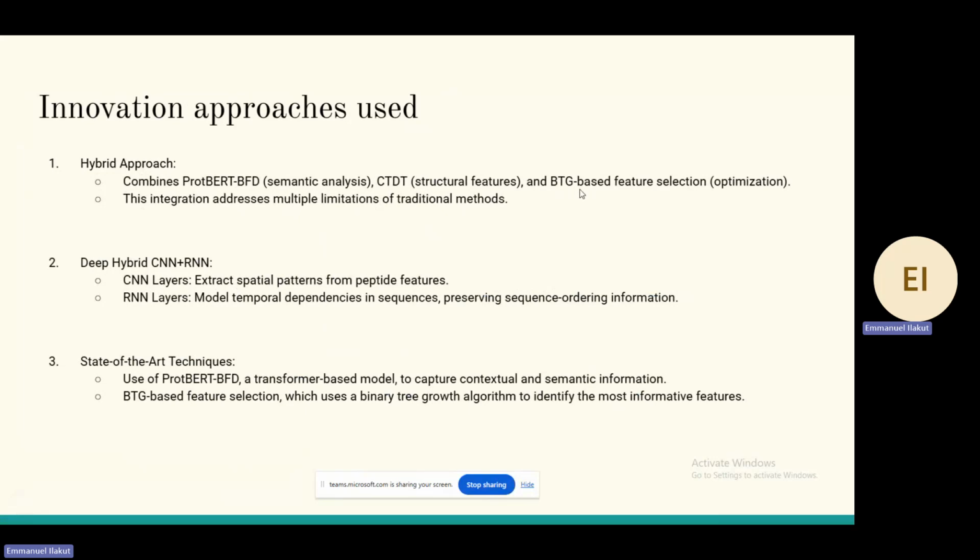And then the BTG-based approach, which was to narrow down our features and select the features to use. Then for training the models, we used a deep hybrid, which is innovative, combining the power of CNN and then RNN. These technologies have already been used by others. So the transformer-based model is quite good technology and a good technique to use.